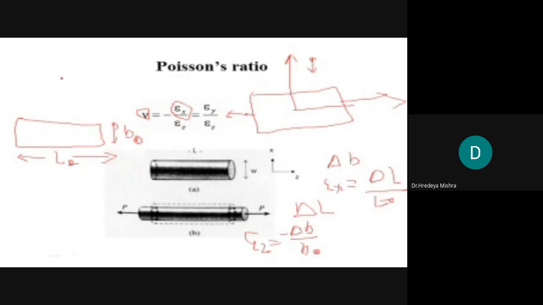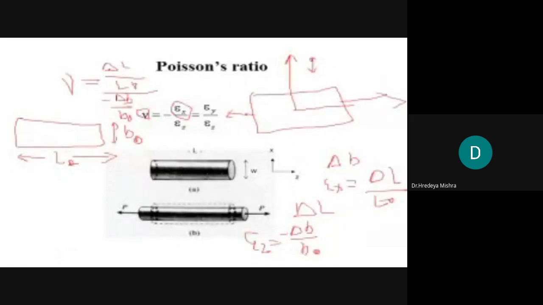Now, to measure the Poisson ratio, see here: epsilon x is delta L divided by L naught, divided by minus delta B divided by B naught.